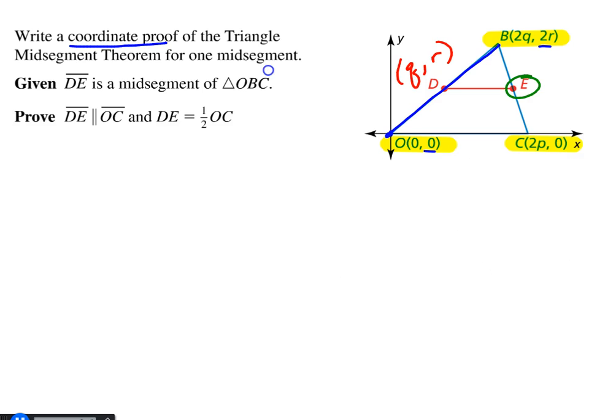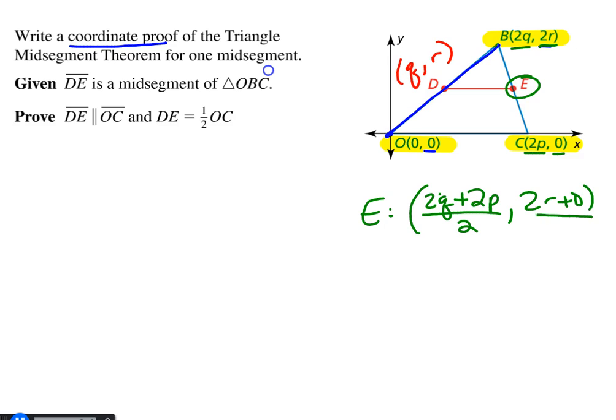Now for point E, we're going to use 2Q plus 2P divided by 2, and 2R plus 0 divided by 2. So that should go here. Now when you're looking at this, it looks kind of messy. We can't add 2Q to 2P, but we can divide both of them by 2.